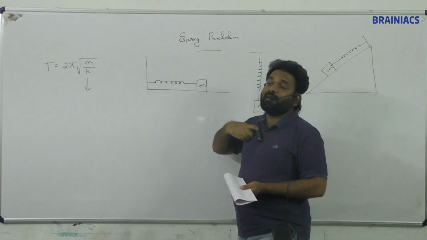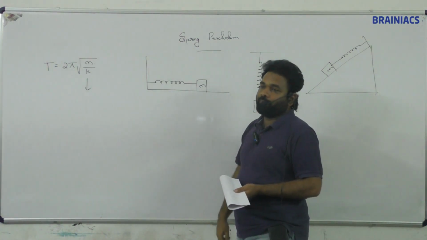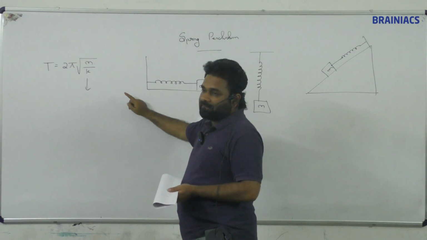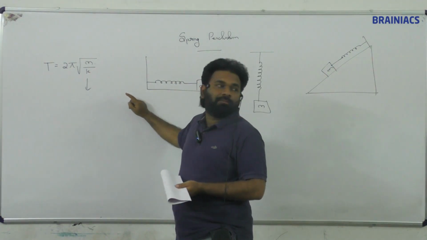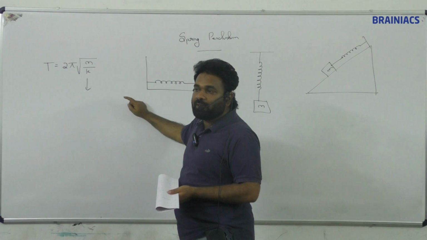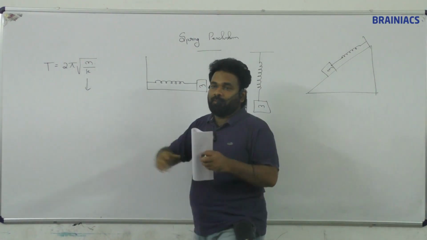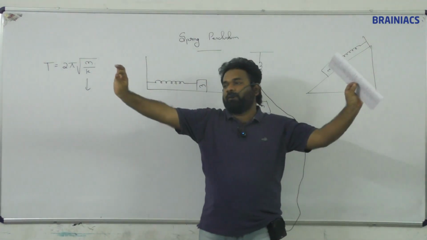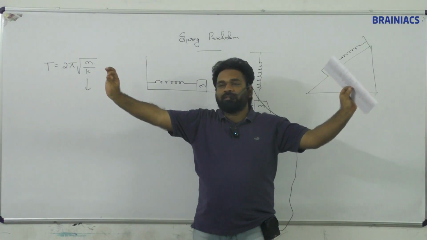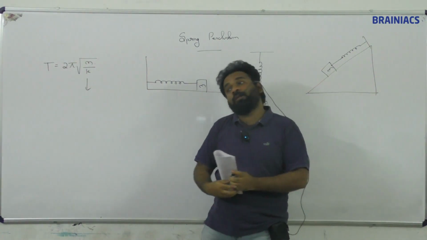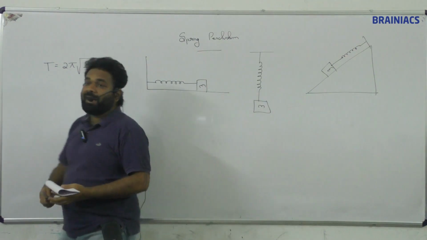Based on how the manufacturer makes the spring, that is how K will be. If we change the length, not the elongation but the length of the spring, if we extend the full spring, how much is the length? K depends on that, not on elongation.